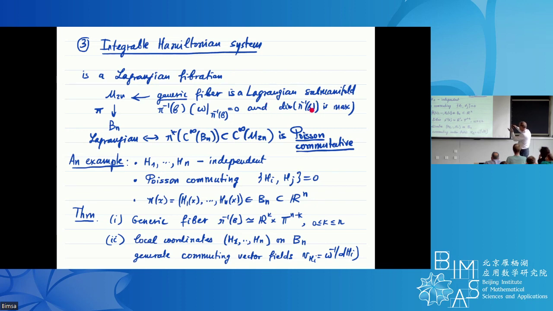Also, Lagrangian means the dimension of this fiber is the maximum possible with this condition. So this vanishing means that it's isotropic, and maximal dimension means it's Lagrangian.